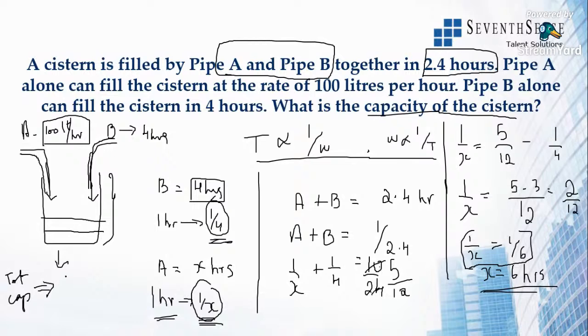So it is 100 into 6, which is nothing but 600 liters. The final answer is 600 liters. The capacity of the cistern is 600 liters.